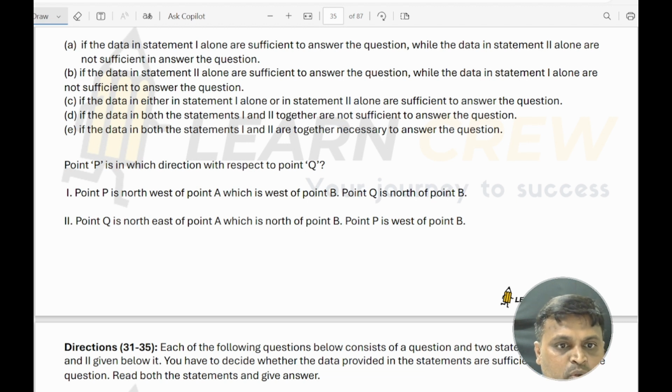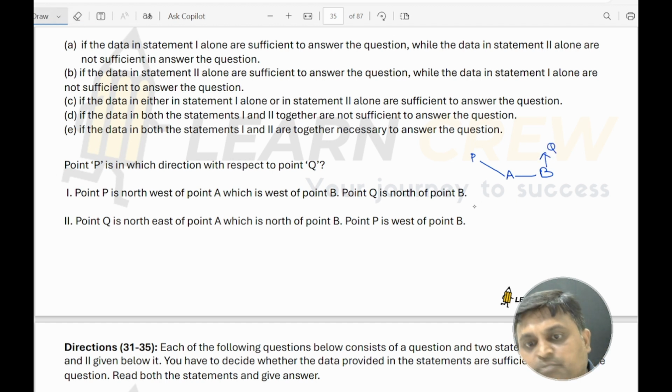Point P is to the northwest of A, which is west of B. Point Q is north of point B. North means here it can go like this, or here, or it can stay only up to here.